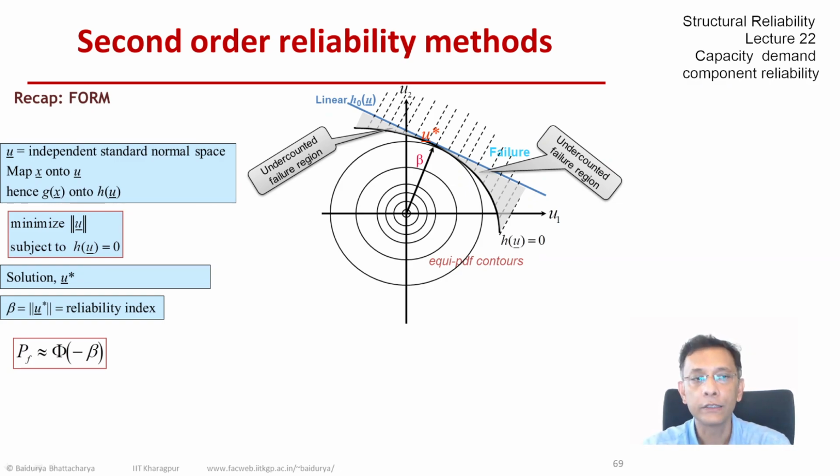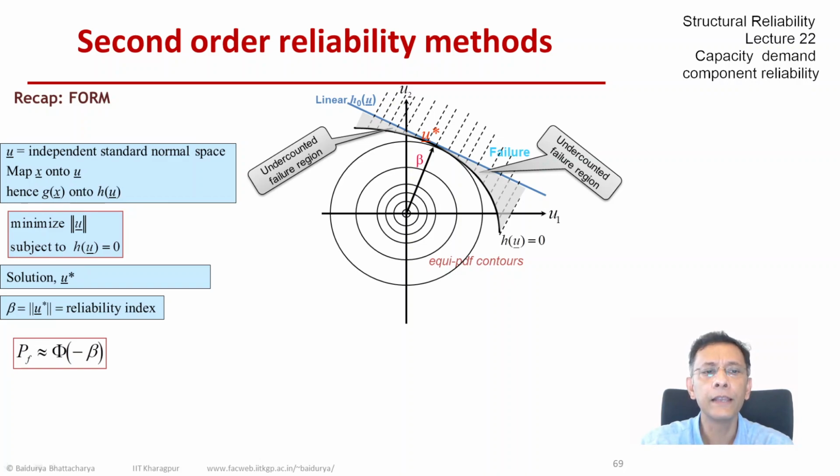And we saw in our examples that we were undercounting the failure probability because we were ignoring those shaded regions that I just introduced in the plot. So on both sides you have undercounted failure regions, so those failure probabilities are not showing up in our answer of phi of minus beta.